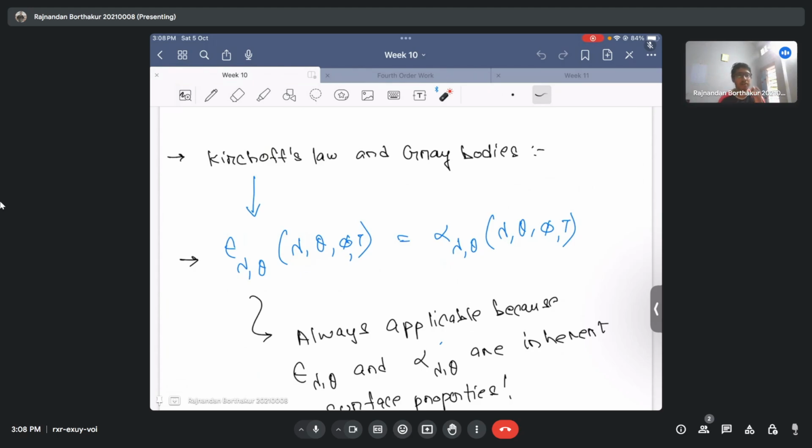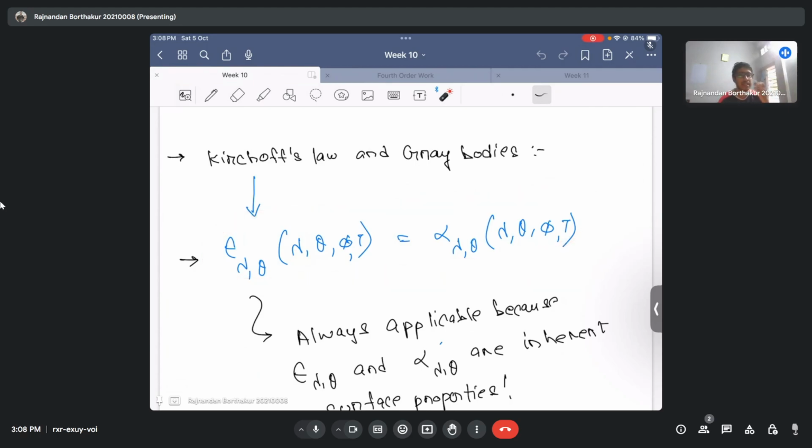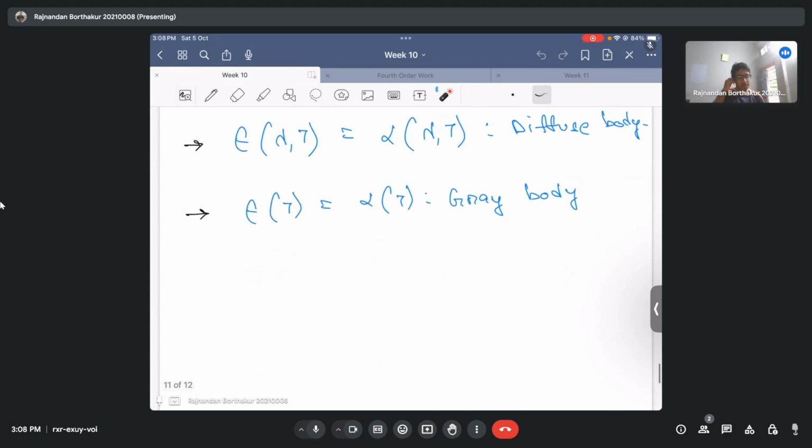But if we want a general statement of Kirchhoff's law, I would always suggest you state this most general form, because this is always true and it's an inherent property of the surface. Having said that, if we invoke the assumption of a diffuse and a gray body, I can simply write that epsilon is always equal to alpha, corresponding to a particular temperature. Okay, so these are some things that we saw in the last class.